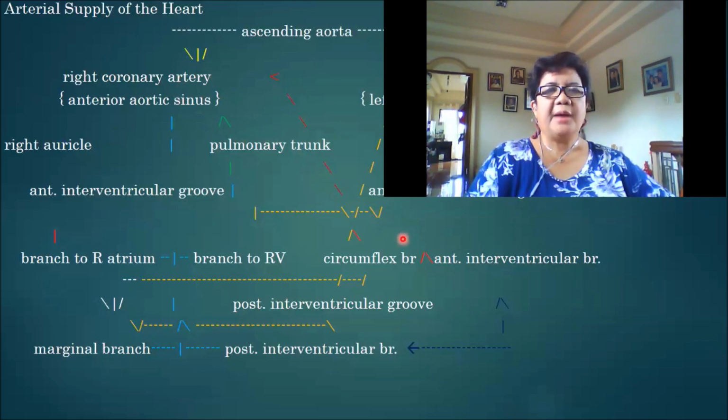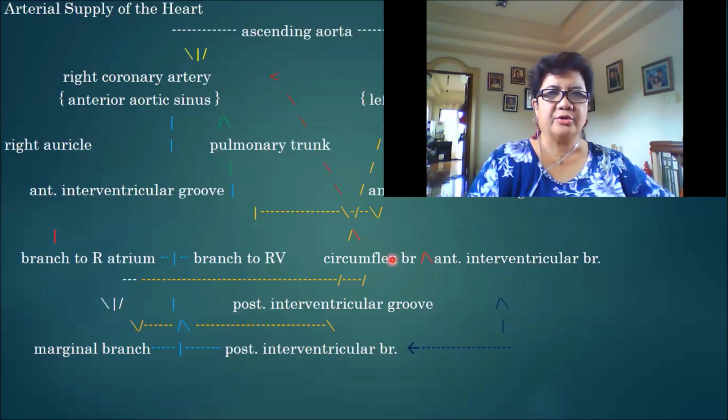Your right coronary artery will anastomose with a branch of your left coronary artery, which is your circumflex branch. So there is an anastomosis between the right coronary artery and your left coronary artery through the circumflex branch.